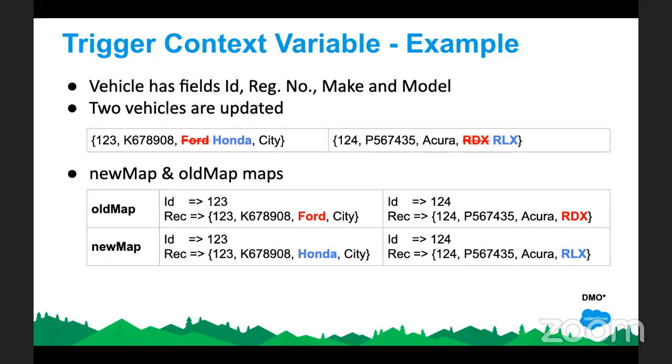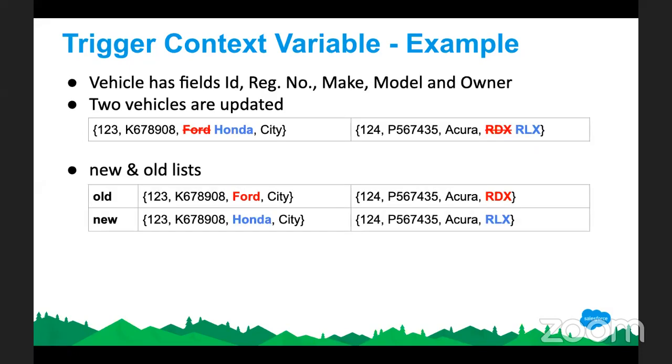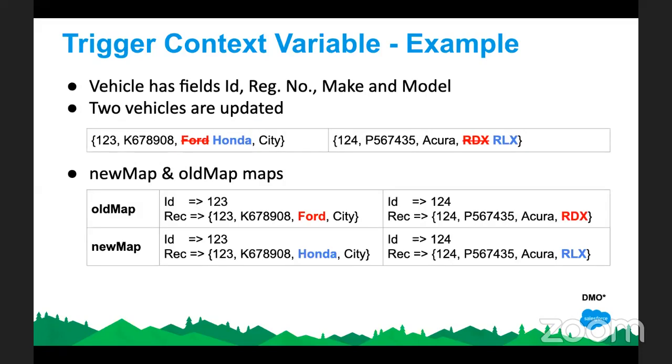So these are the important context variables for trigger: old, new, and old map and new map. How are we going to use them? Because in our process, we may have to execute some logic only if some conditions are satisfied because of the change in value. If that particular change in value is not detected, then we need not do any logic.